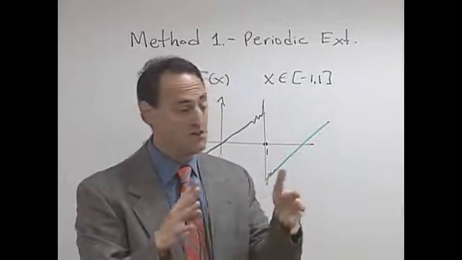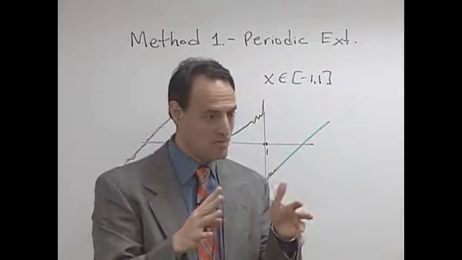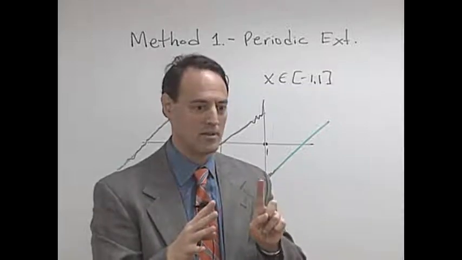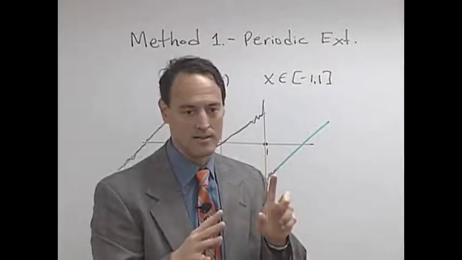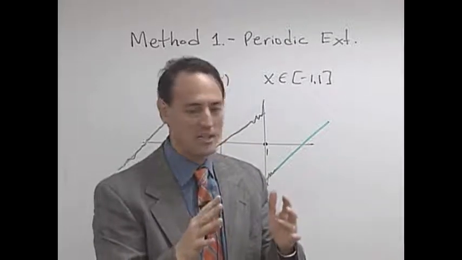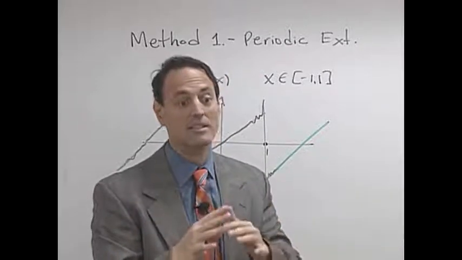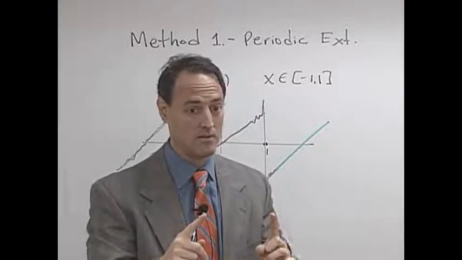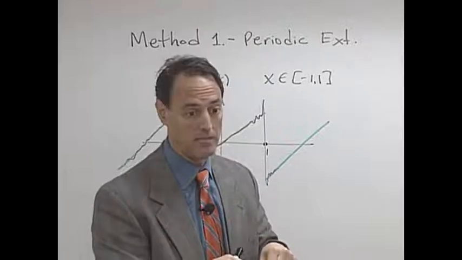So if you have to take double the number of points, big deal. 2n is still a lot less than n squared. 4n, 10n. Remember, n is going to be like 128. So even if you have to take 10 times the number of points, you still win by doing Fourier.